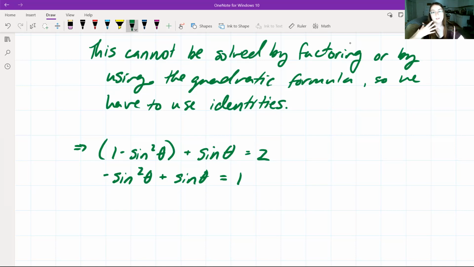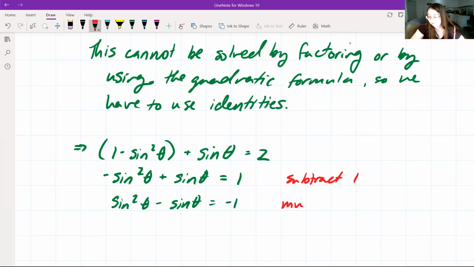We want it to be positive, so we're going to multiply it by negative 1. So let's write this out. First, we subtracted 1. Then we're going to get sine squared of theta minus sine of theta is equal to negative 1. And we multiplied by negative 1.